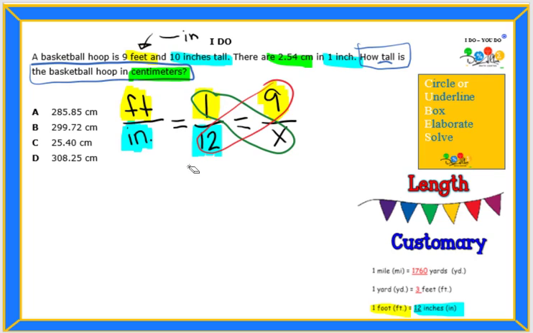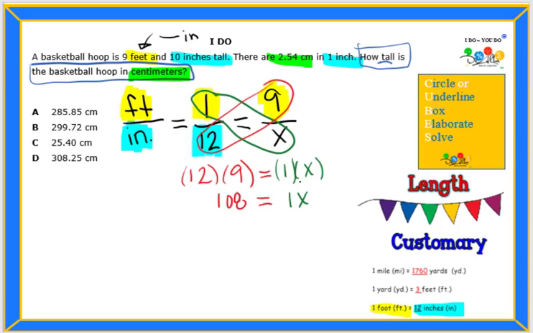So I'm going to do 12 times 9, and that needs to equal 1 times x. 12 times 9 is 108, and that is equal to 1x.